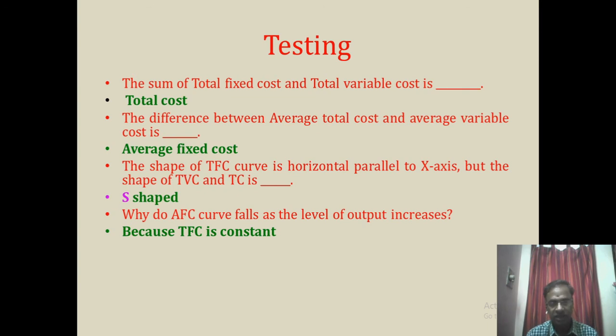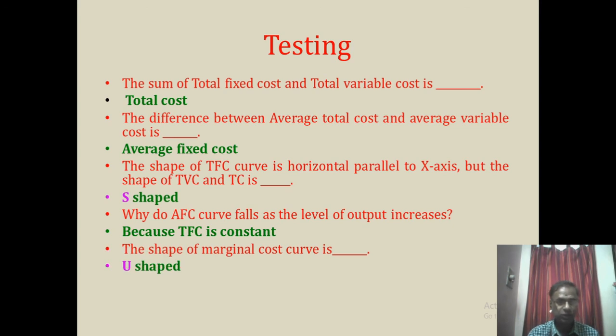That's why AFC falls when the level of output increases. So the shape of the marginal cost curve, that is U-shaped. Right? The last one. The sum of MCs is equal to, the answer is TVC.